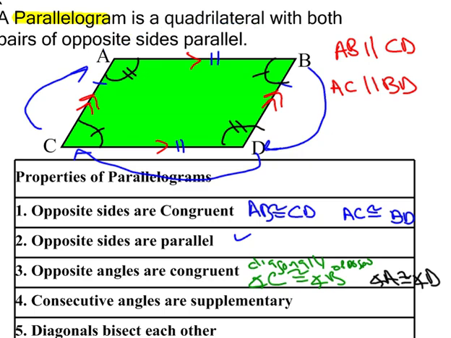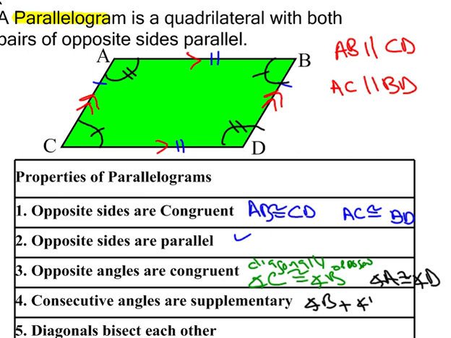So those are your consecutive angles, and they are supplementary. So I'll give you one example: angle B plus angle D add up to 180. All right? And then the diagonals bisect each other. And we'll talk a little bit more about that in our next video, the diagonals bisecting each other.